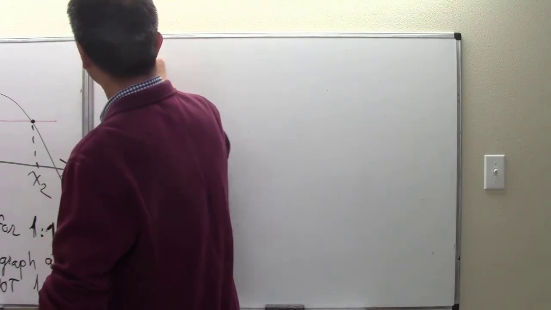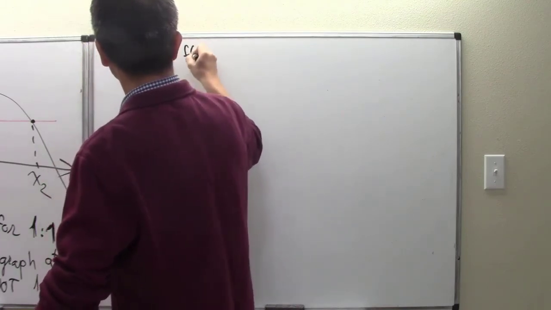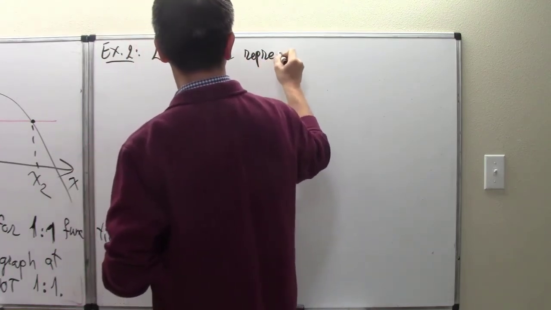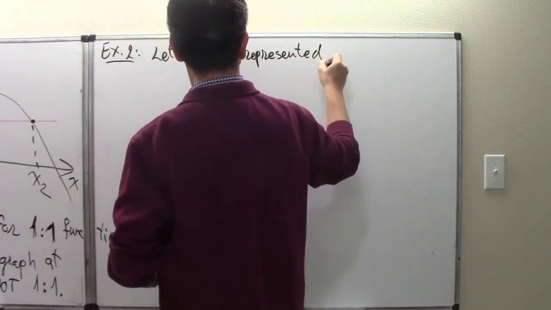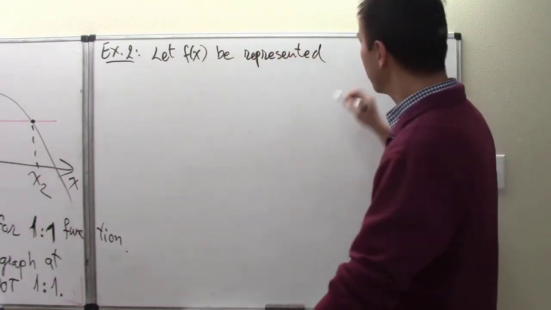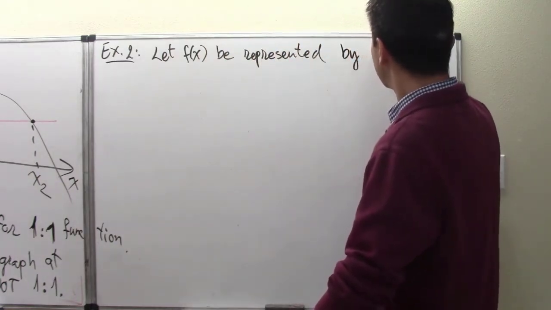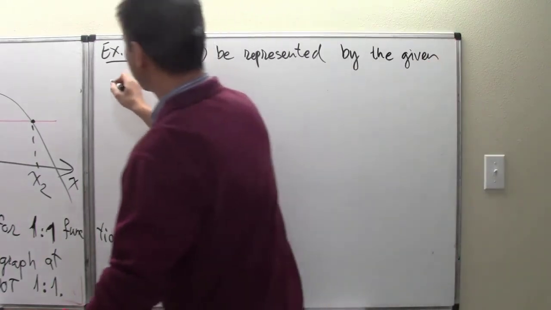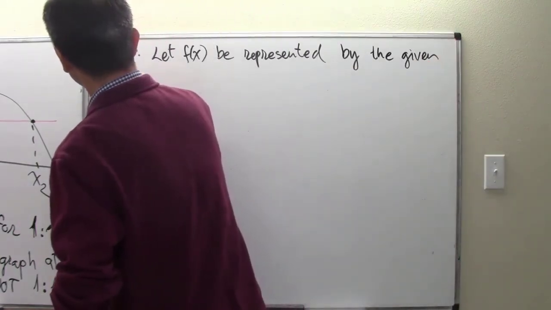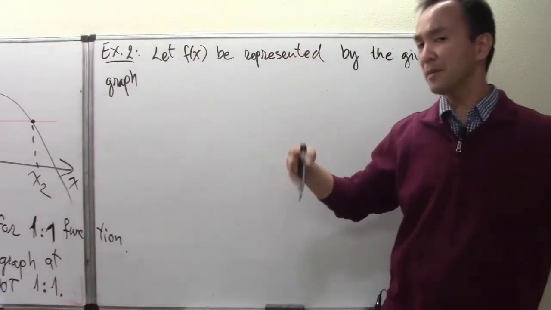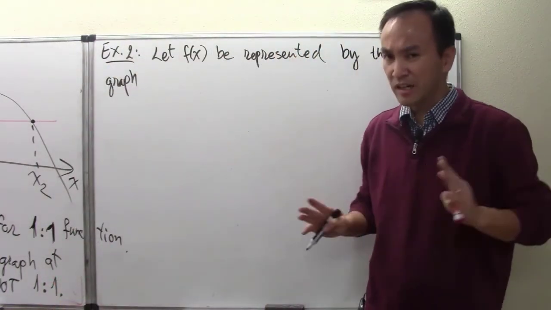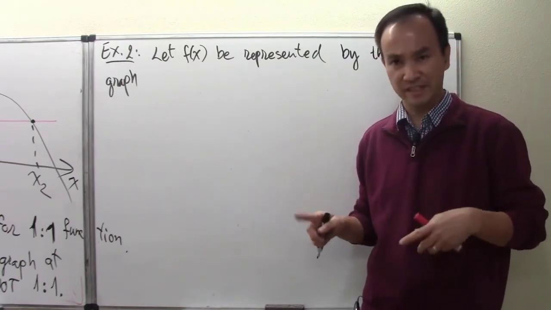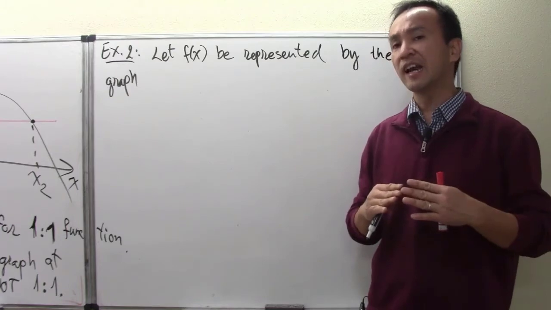I'm going to say let f of x be represented by the given graph. So that means I am going to deliver part A, part B, and part C. Anyone learning with me, you have seen my style enough that any example where I put a number, example 1, example 2, is more like a class of problems.